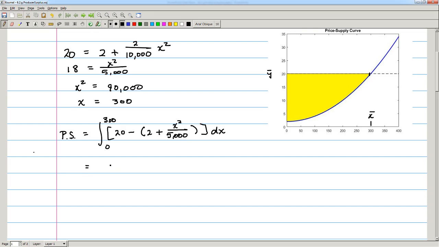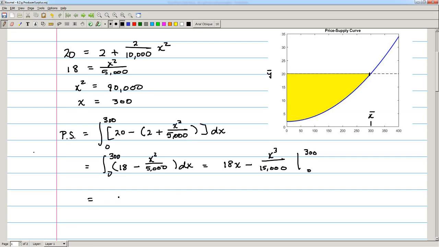This gives us the integral from 0 to 300 of 20 minus 2, which is 18, minus x squared over 5,000. And this is a polynomial, so it's easy to integrate. We get 18x minus x cubed over 3 times 5,000, which is 15,000, evaluated from 0 to 300.